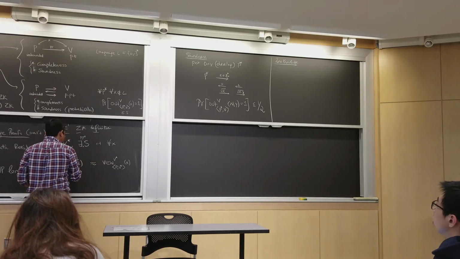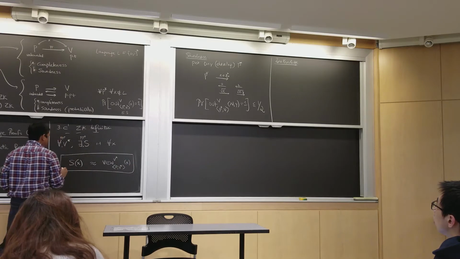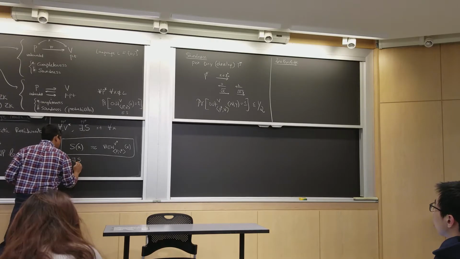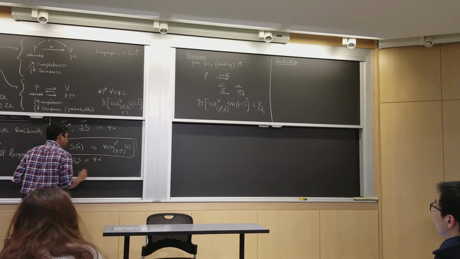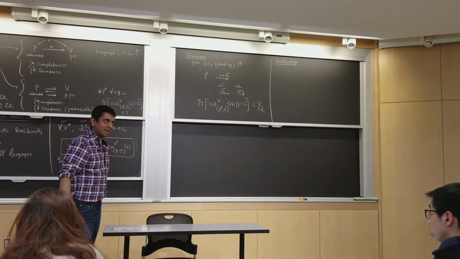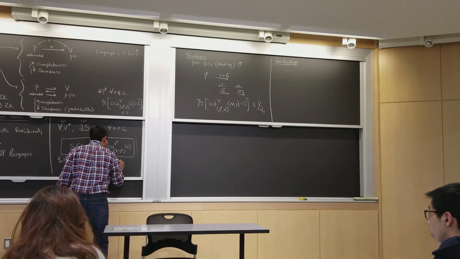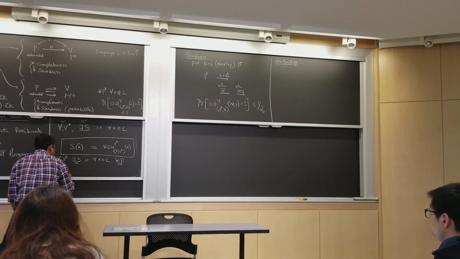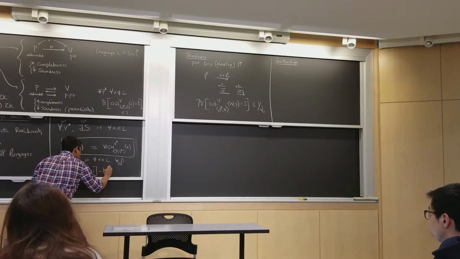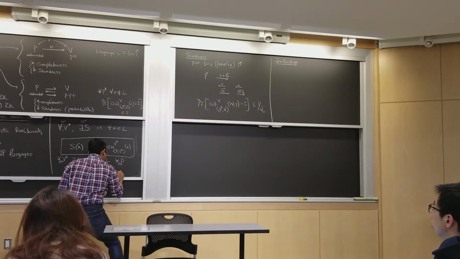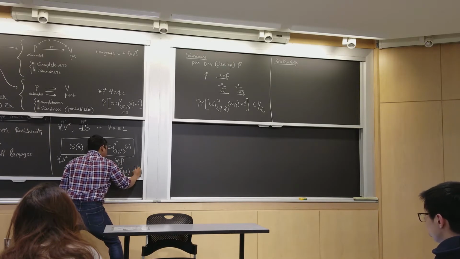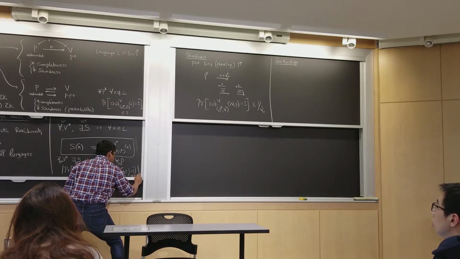Another, more explicit way to say it is that for every V star, there is a PPT simulator, such that for every X in the language, otherwise there is no proof here, and for every PPT distinguisher D, the probability that D given S of X outputs 1, minus the probability that D given the view of V star on X outputs 1, is negligible in the security parameter.